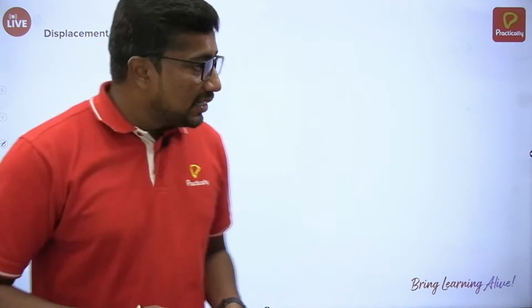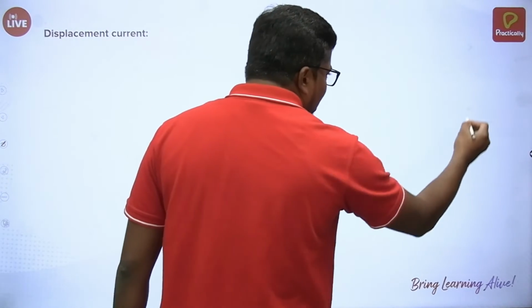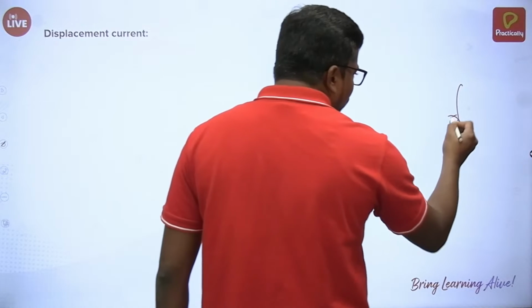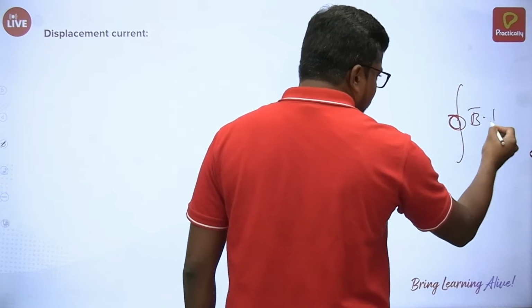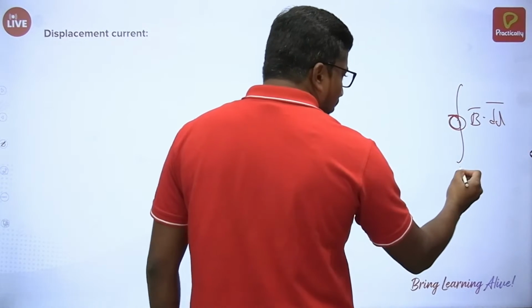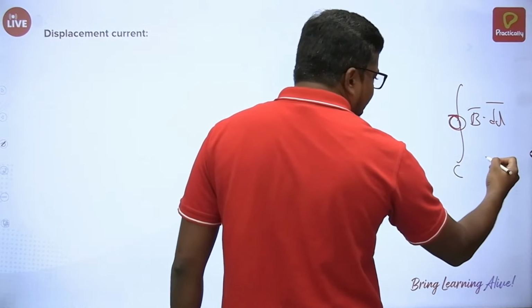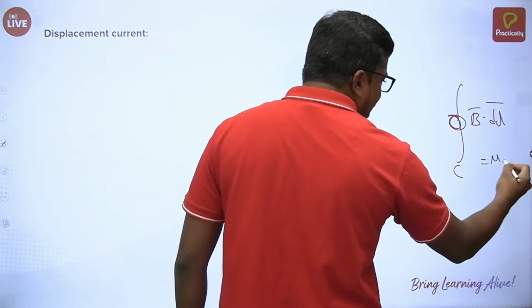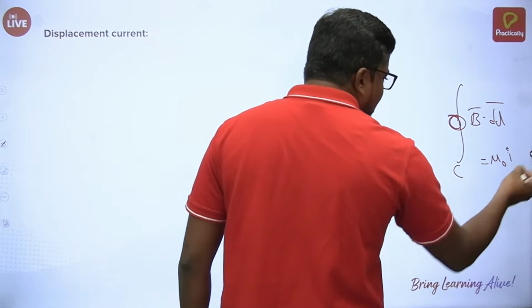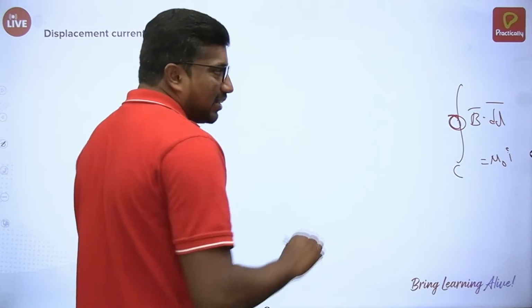That's Ampere's Circuital Law: the line integral of the magnetic field for a closed path is equal to mu naught times the current threading it. Here mu naught I, I is the current threading that loop.